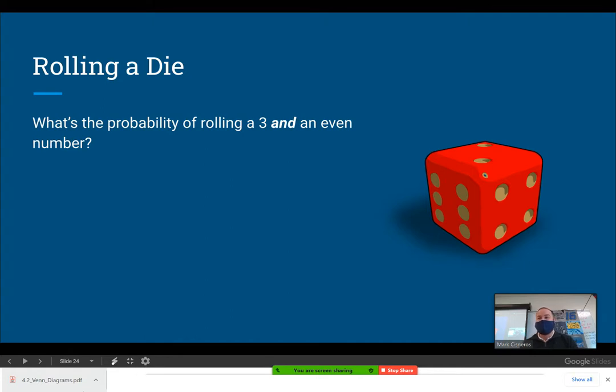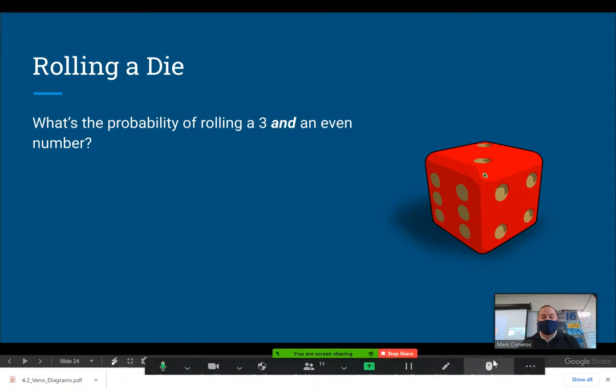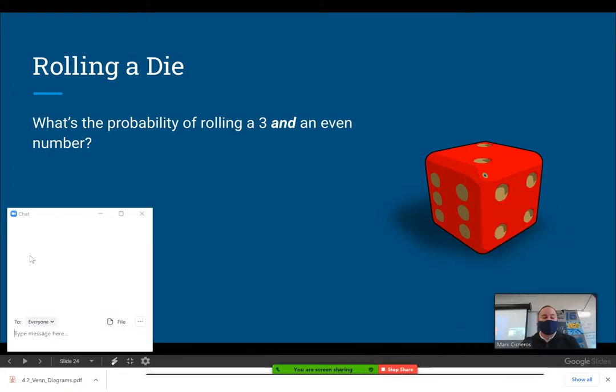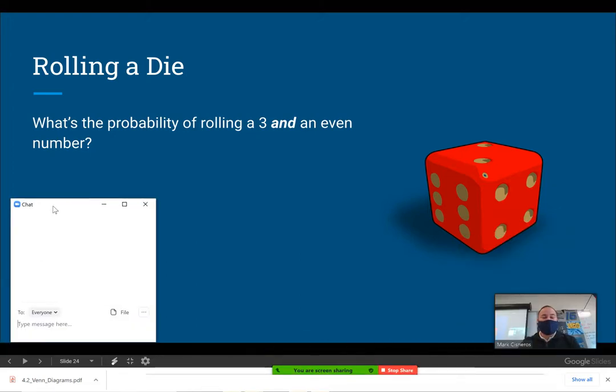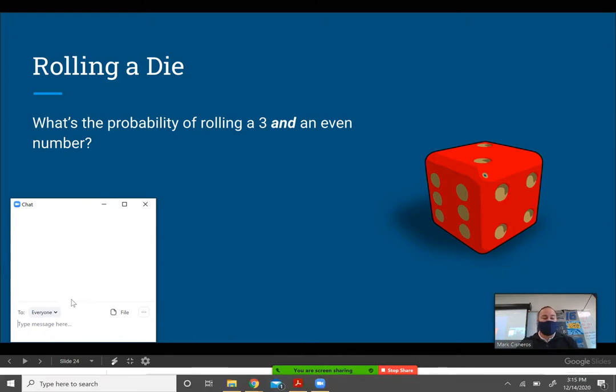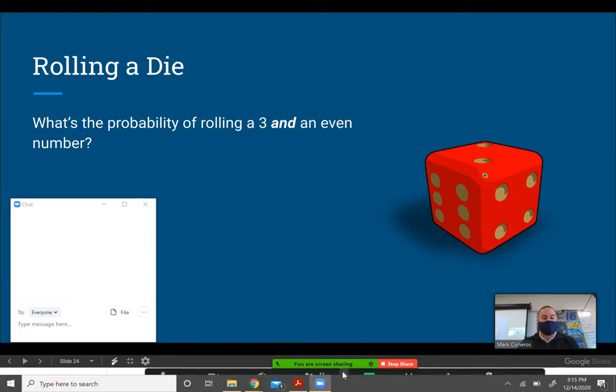There's 3 even numbers. And then 3 is odd. And 3 is the other solution, right? Do you guys agree? What about you guys at home? Let me get somebody to answer from home. Do y'all agree with 4 out of 6? Rolling a 3 and an even number.